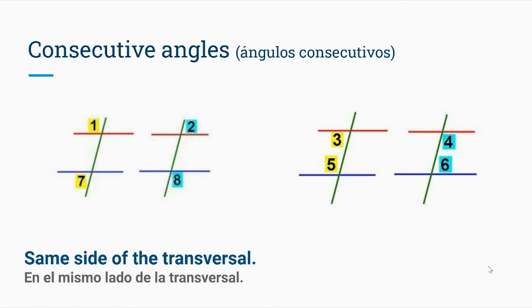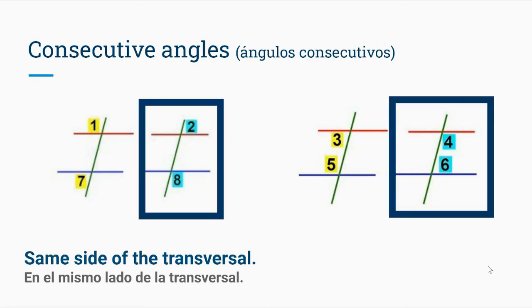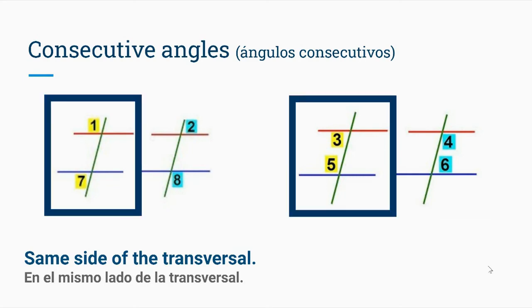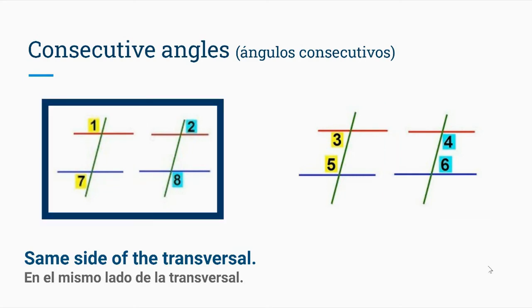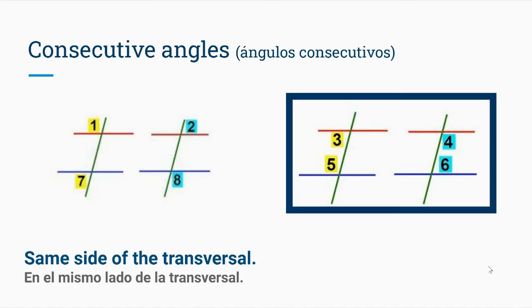Both angles will be on the right of the transversal or both angles will be on the left of the transversal. On the left side of the screen, I have consecutive exterior angles, same side of the transversal, outside of the double lines. On the right side of the screen, I have consecutive interior angles, same side of the transversal, inside the double lines.